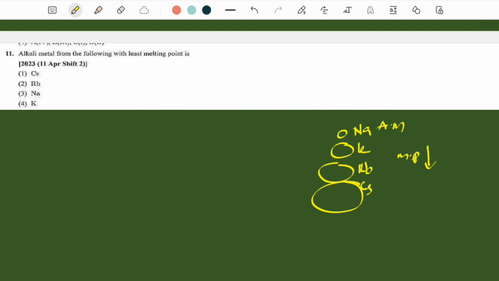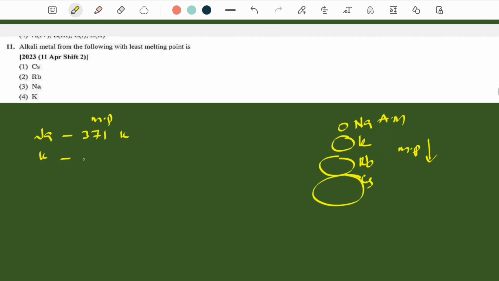For example, sodium's melting point is 371 Kelvin, potassium nearly 336 Kelvin, rubidium 312 Kelvin, and cesium 302 Kelvin.